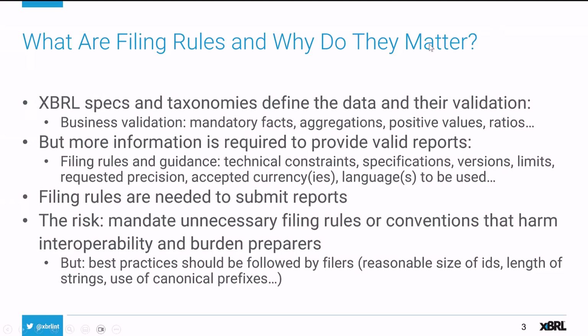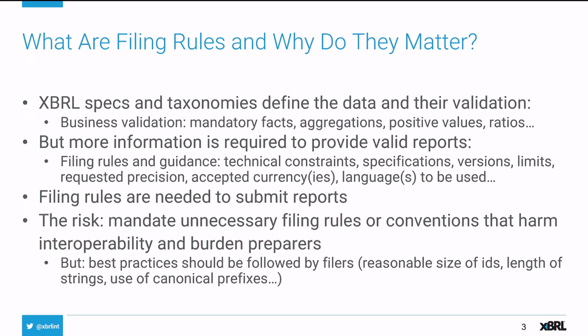The issue is that some filing rules may be too stringent, and there is a balance to be made between collectors should accept or must accept whatever is valid and conform to the specification.